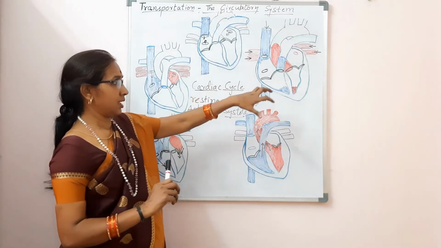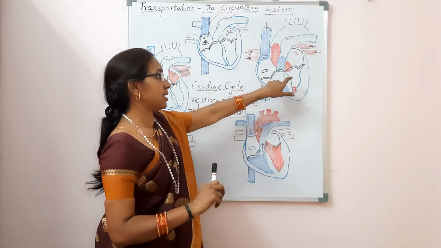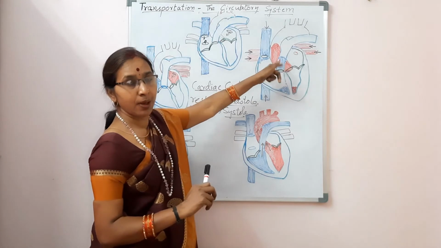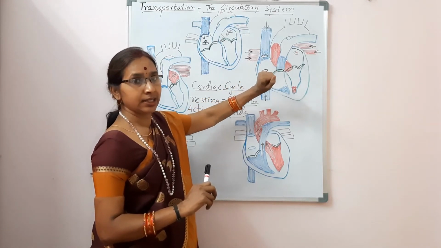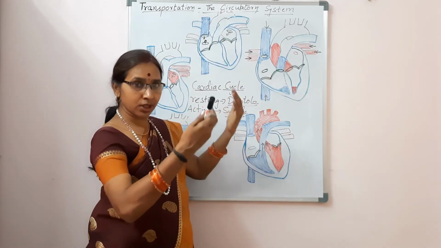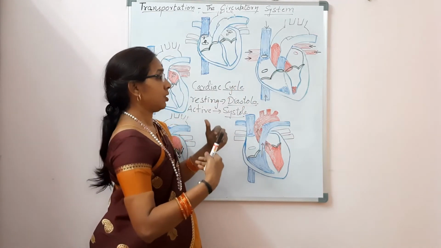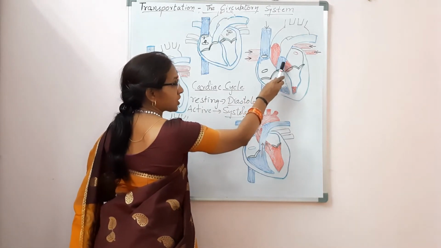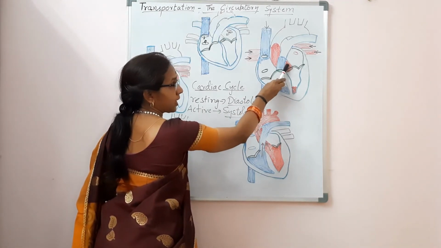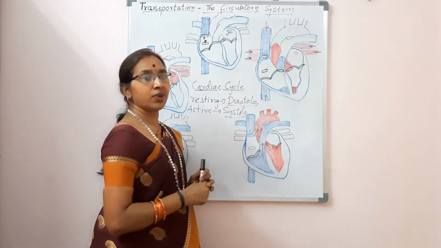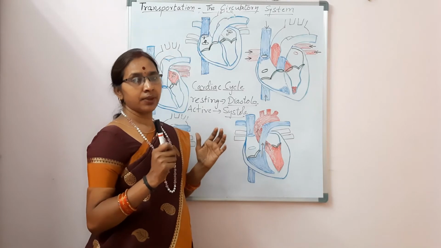And when the ventricles are relaxing, having already pumped the blood into the respective arteries, the pressure is getting low, so there are chances again for the blood to come back. In order to prevent the backflow, the semilunar valves present in the pulmonary artery and the aorta close, giving a dub sound, that is a dull sound.